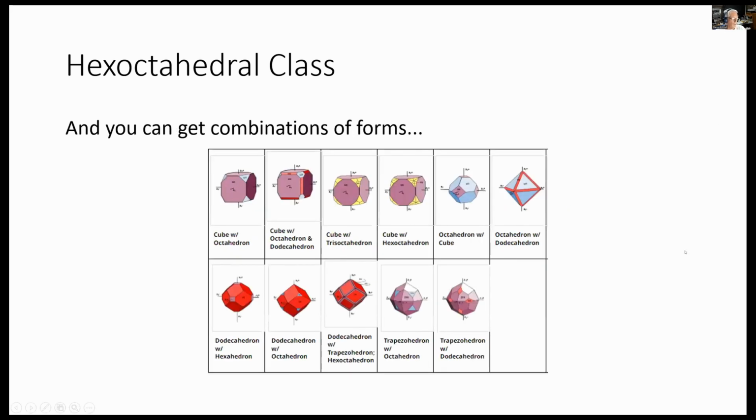And then you can also get combinations of these forms as well. One of the more common ones is a cube with an octahedron. These are the octahedral faces on the corners here. But then it might be a little bit more complex and you get a combination of cube, octahedron and dodecahedron. And these are the dodecahedral faces, as well as having the octahedral faces here. Again, some of these you will recognize in mineral specimens that you have if you look closely.